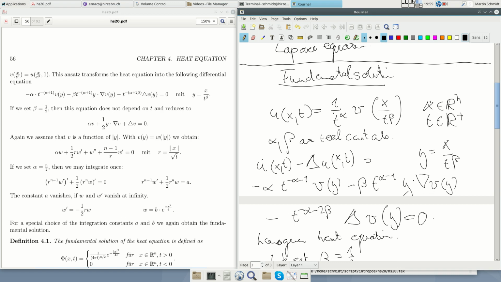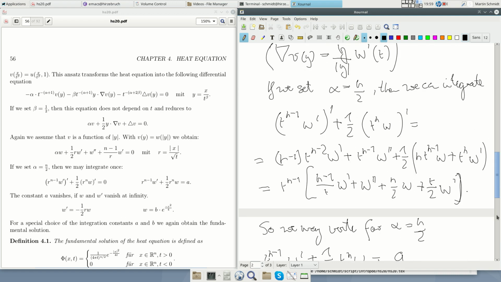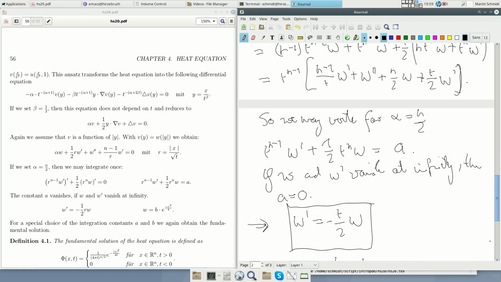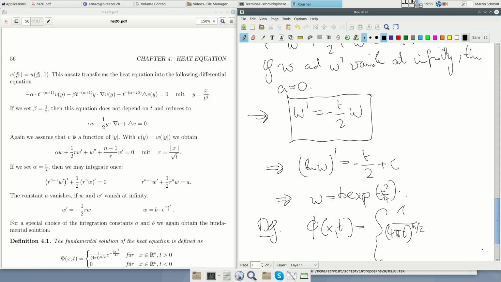Yeah, so we get this factor. And now comes the exponential. Exponential of minus x squared over 4t. Yeah, this is exactly what we had.